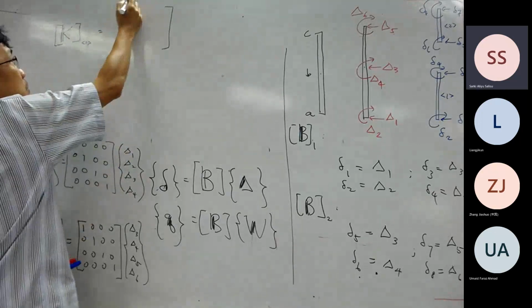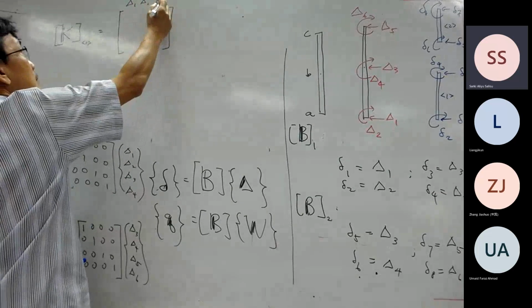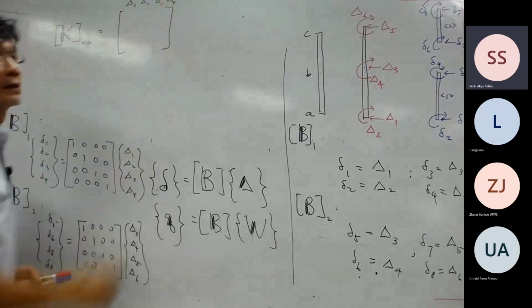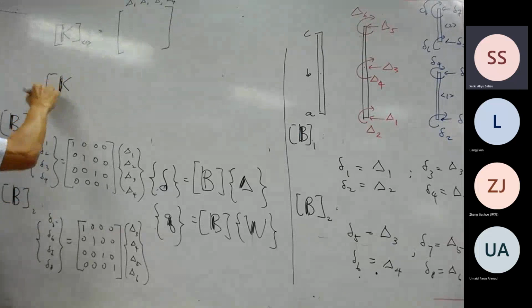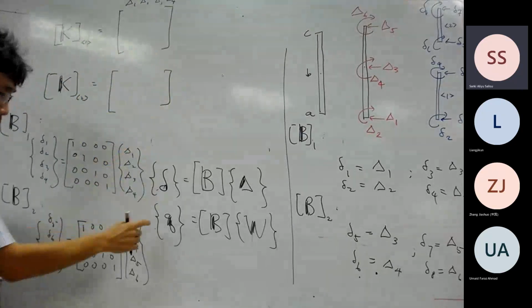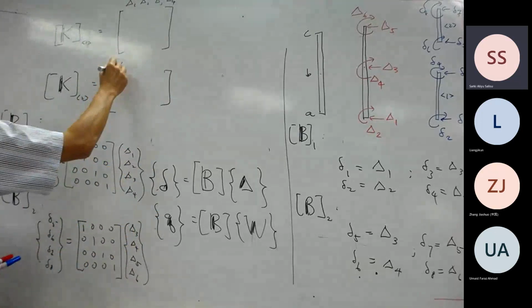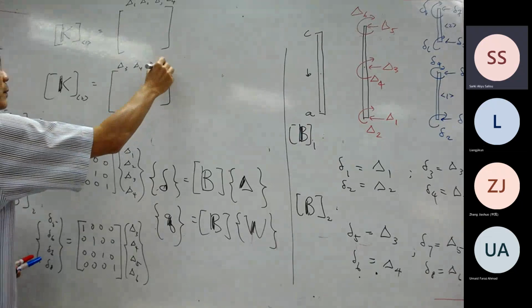Then you pay attention to what is the global one here. And for element 2, also you pay attention to the relation to the global one: delta 3, delta 4, delta 5, delta 6.